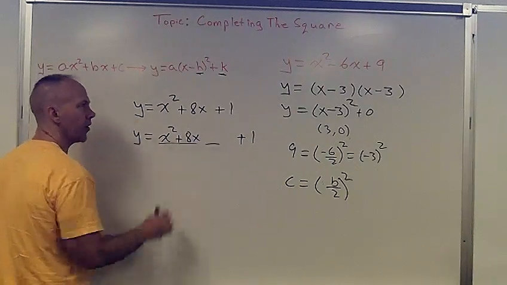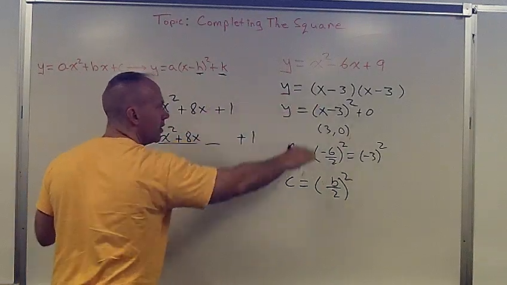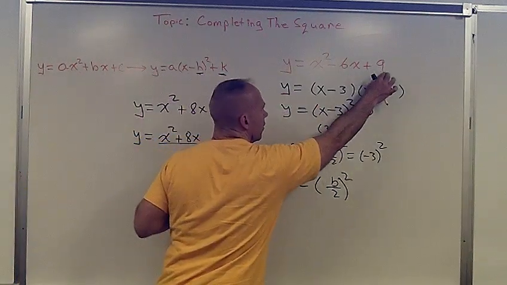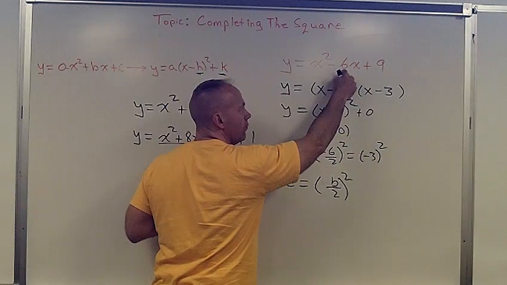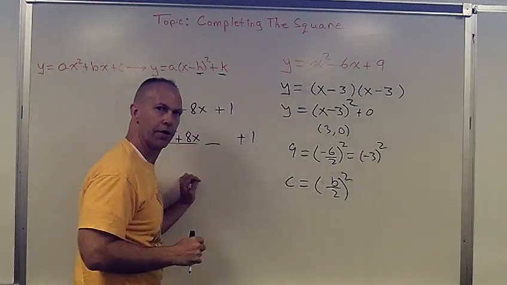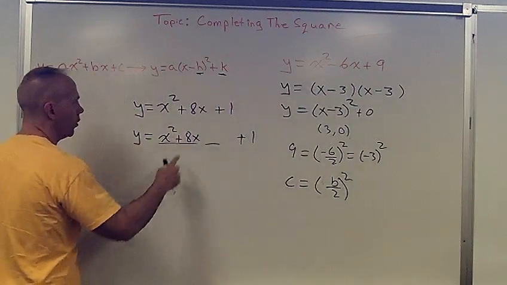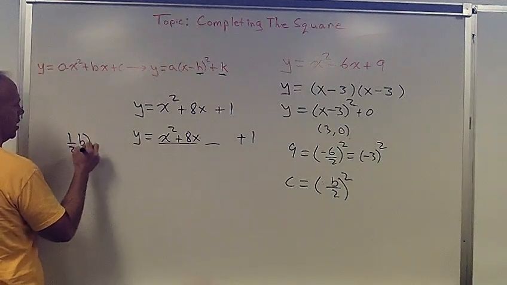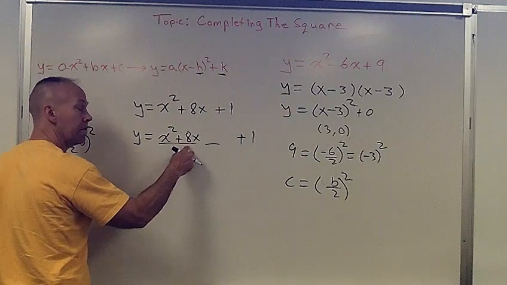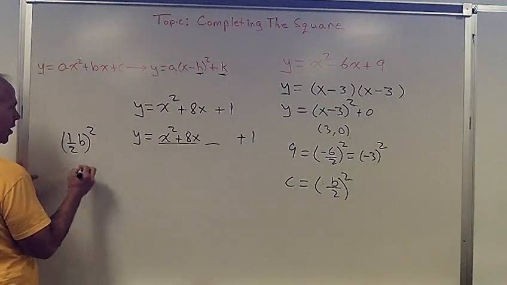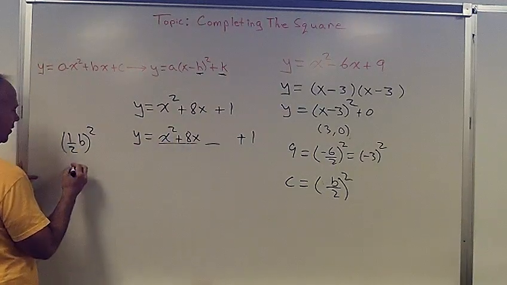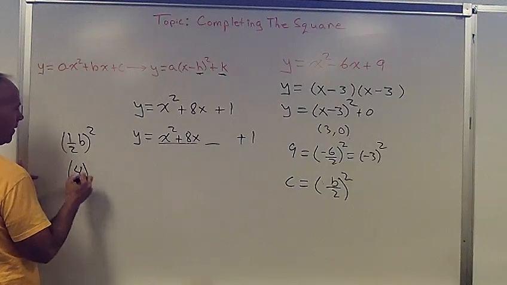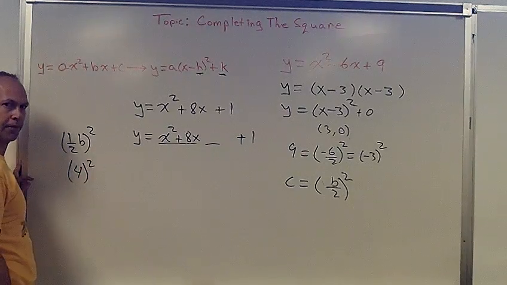And what do I want to see there? In order for it to factor like it did here, I've got to have a number here that's 1/2 of b, squared. So I want to take 1/2 of b and square it. What is b? b is 8. So that's 1/2 of 8, or 4, squared.